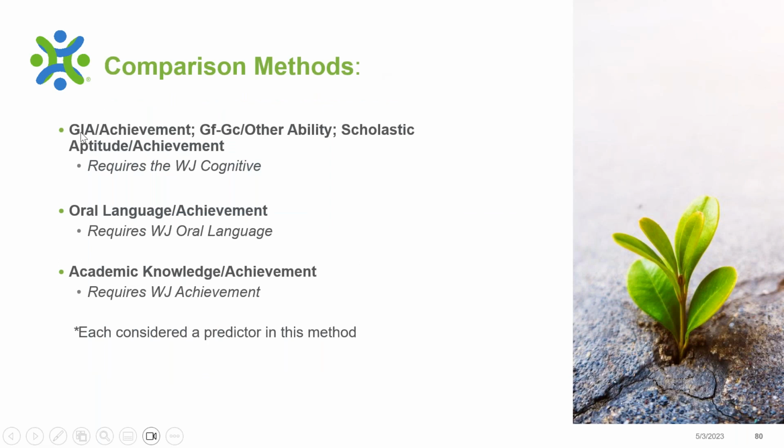The comparison methods, again, you can compare the student's performance to the GFGC composite. Of course, that requires that tests from the WJCOG be given. You could compare students' results to oral language or academic knowledge. So these are each considered a predictor in the method.